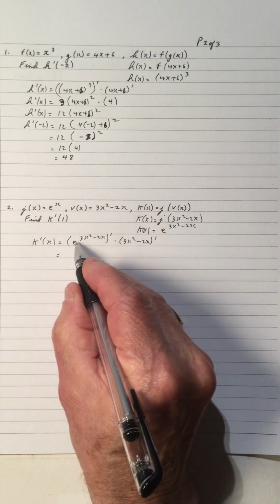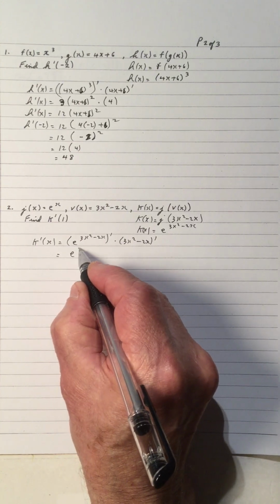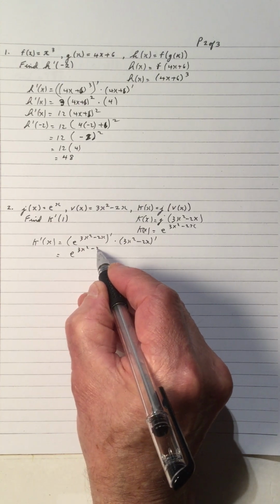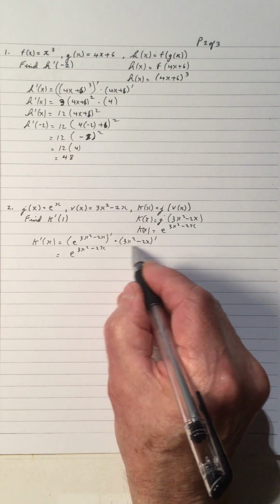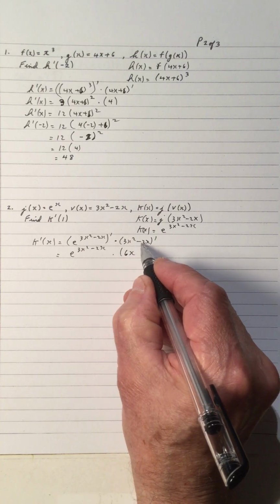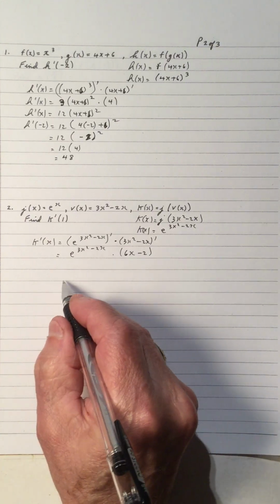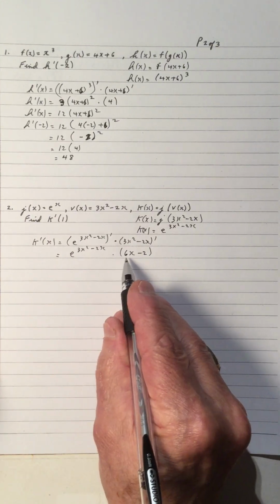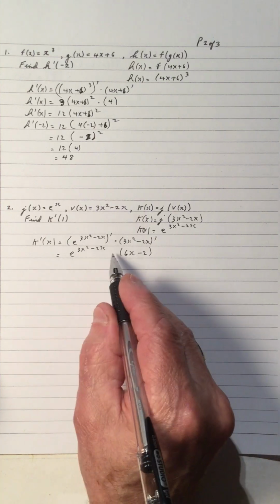The derivative of e to any power is the same, it won't change. The derivative of the inside is 3 times 2, which is 6x, and the derivative of negative 2x is negative 2. We could simplify that, but there's not much to do.